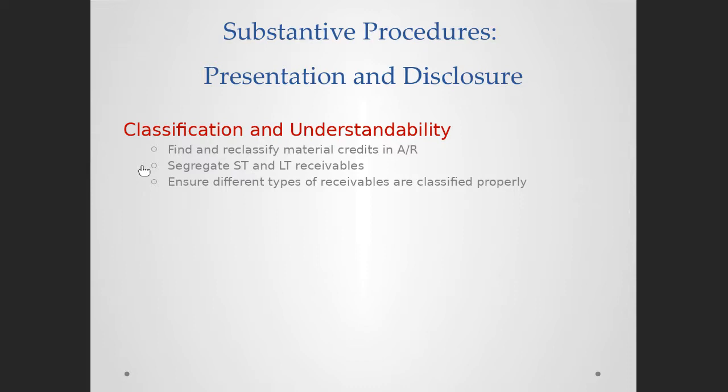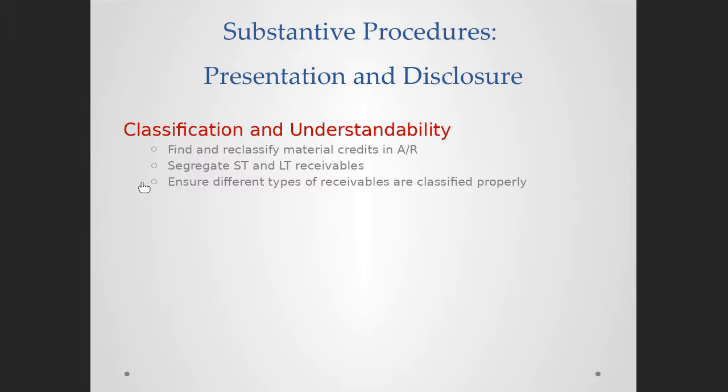Then you segregate the short-term and the long-term receivables. So all accounts receivable are short-term. If other long-term receivables such as notes receivable and other things got misclassified as accounts receivable, then you have to ask the client to reclassify and fix it. And then ensure different types of receivables are classified properly. The other types of receivables could be officer receivable or related party receivable or notes receivable.